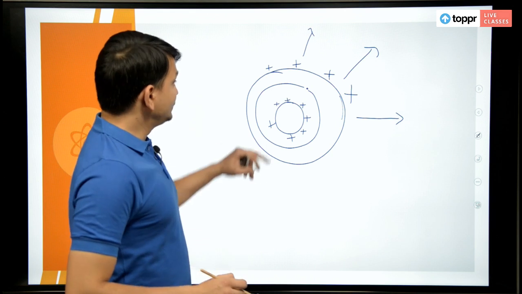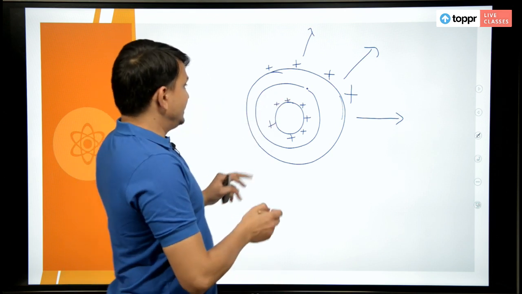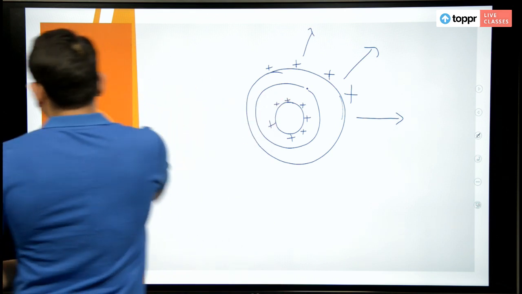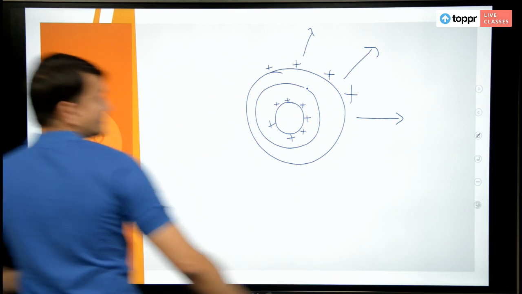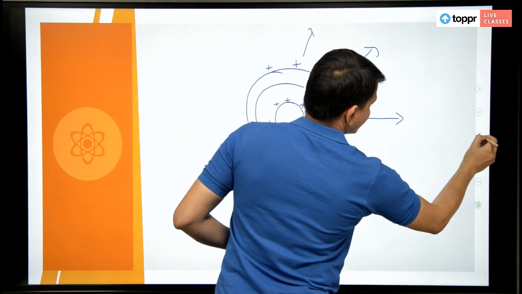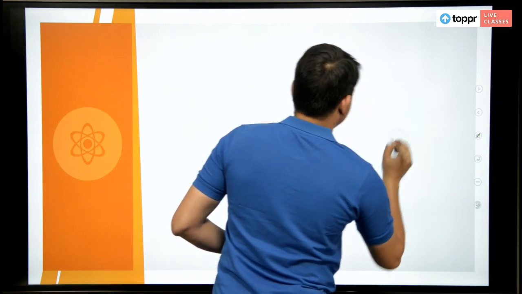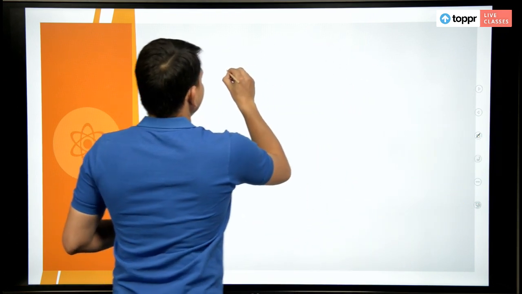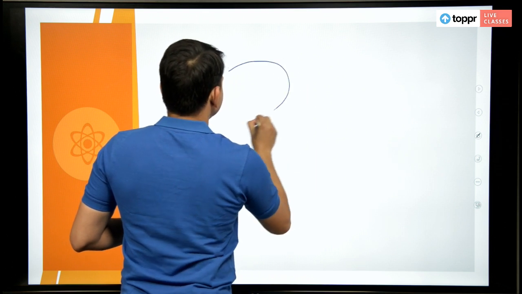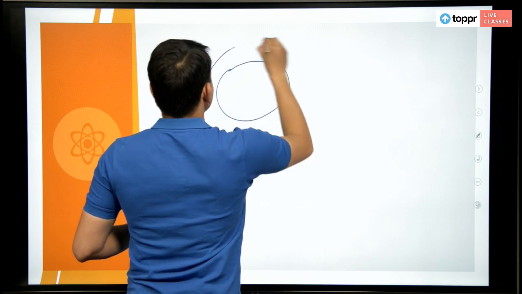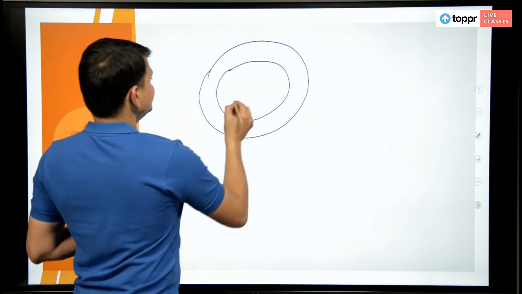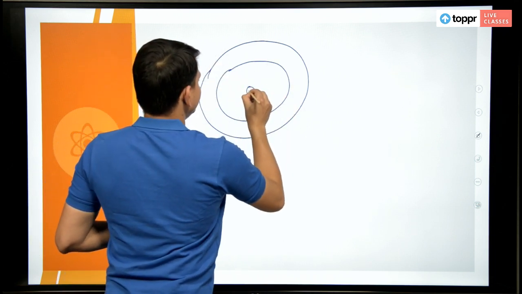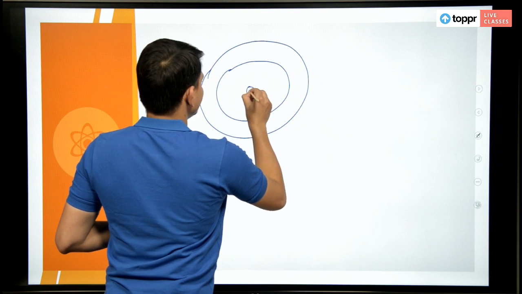So let me explain it in a better way. Let us say this was the spherical shell. I have made it thin. Now say this is the point where there is a charge Q.